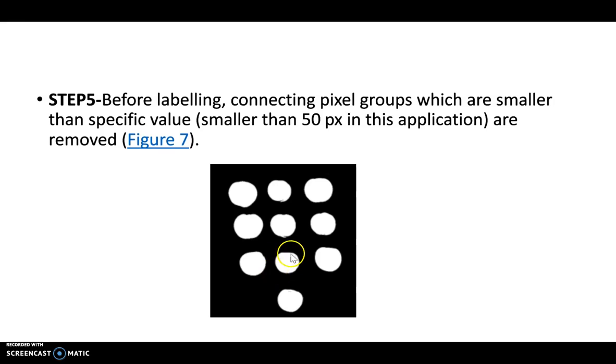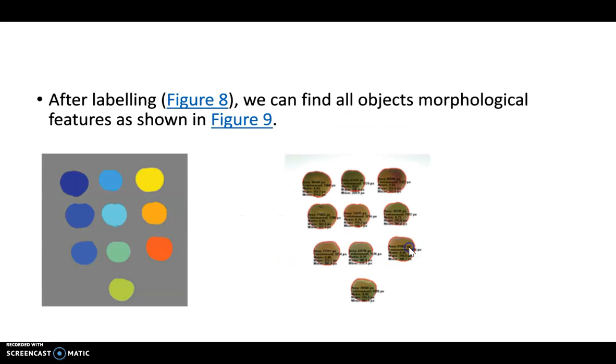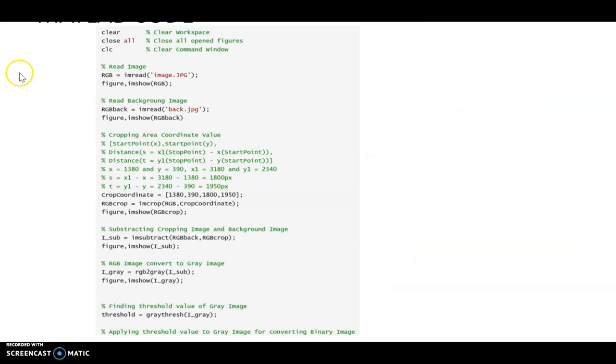The MATLAB code will be discussed later in the next slides. And at last, after labeling, we can find all the objects' morphological features as shown in figure 9, which is the final figure. Here is the MATLAB code for the same.